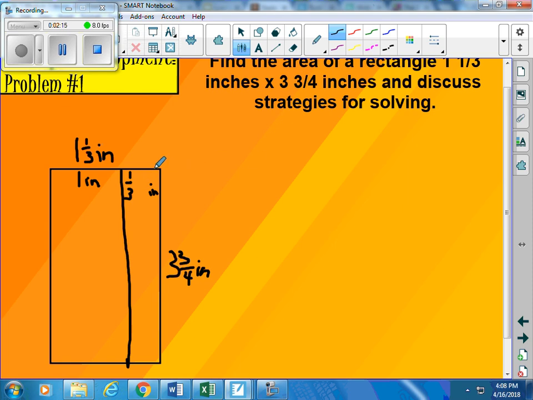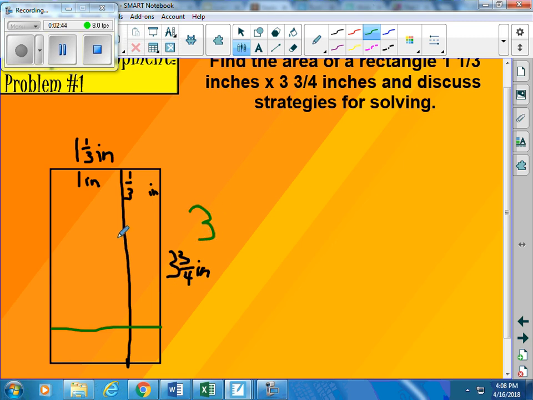Then what we really need to think about is that this side here is 3 3/4. So I'm going to switch my ink color here and I'm going to go to green. The way they're breaking this down is that this big long section here would be 3 wholes.